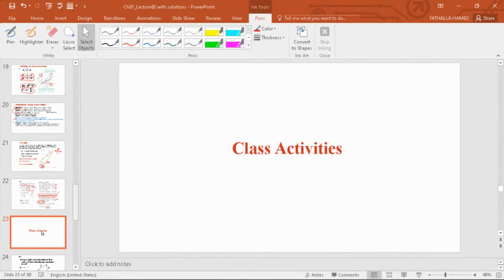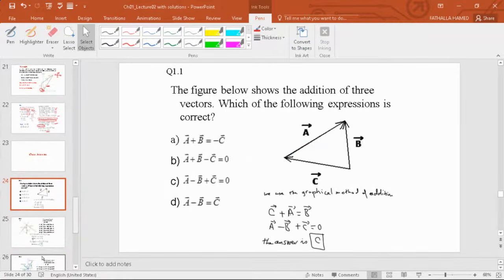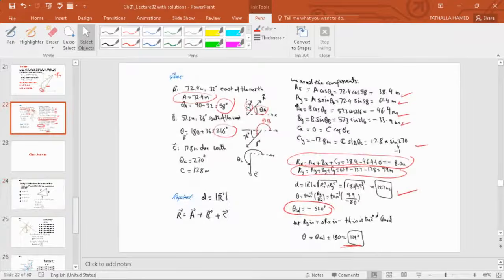So you can deal with adding vectors in 3 different ways. I think the last one is a lot easier when we have the components. We already said that Ax is equal to A cosine theta, and Ay is equal to A sine theta, where A is the magnitude of the vector.